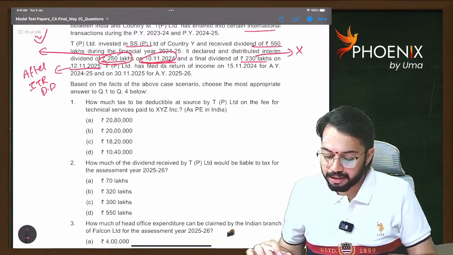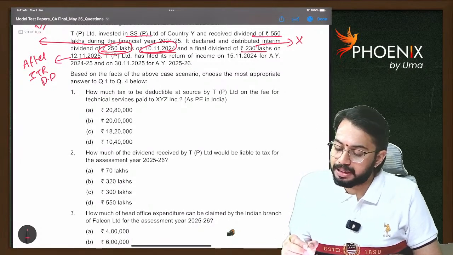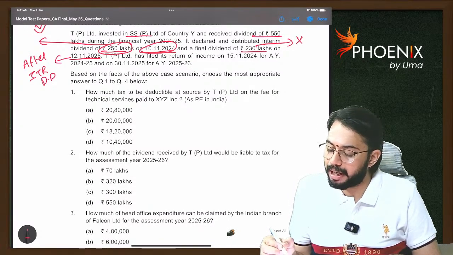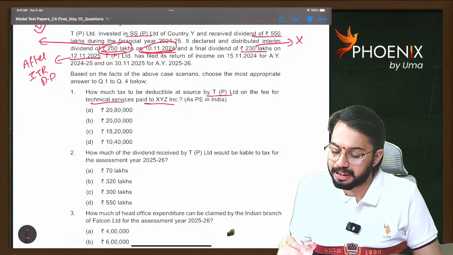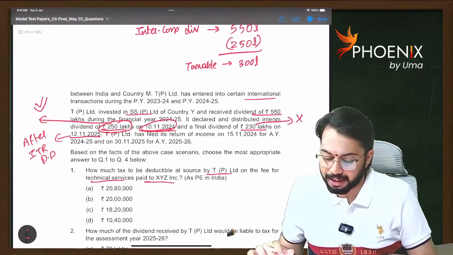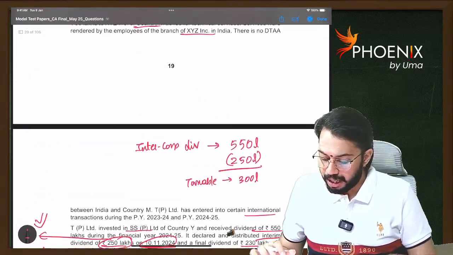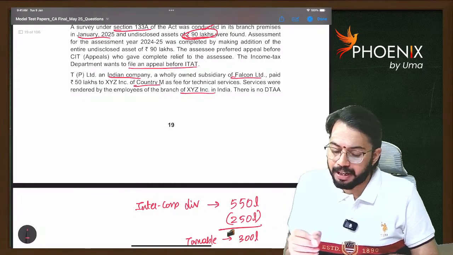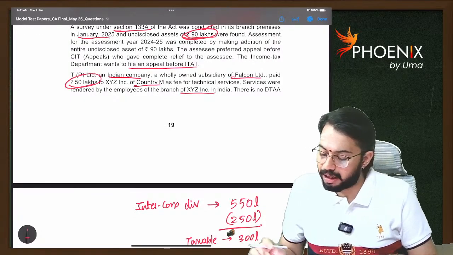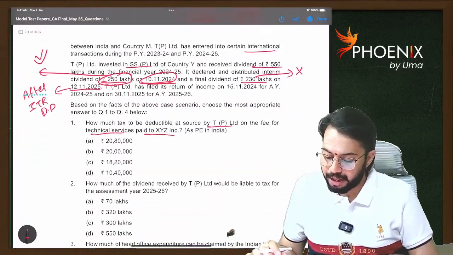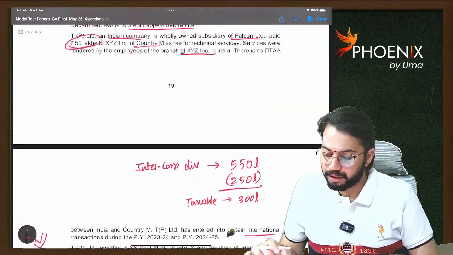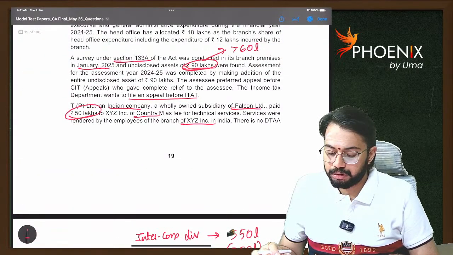Let us solve this. How much tax to be deducted at source by T Private Limited on the fees for technical services paid to XYZ Inc.? Here, T Private Limited paid fees for technical services of 50 lakhs. What is the amount of TDS that is required to be deducted?